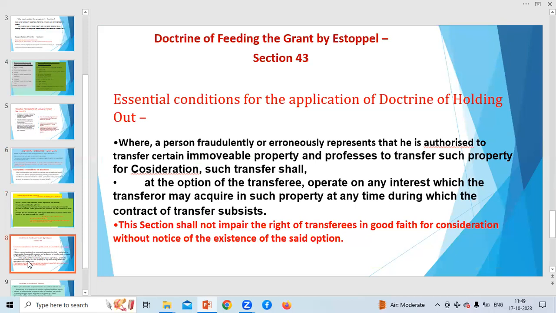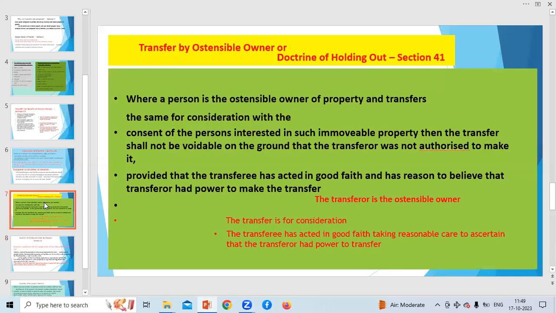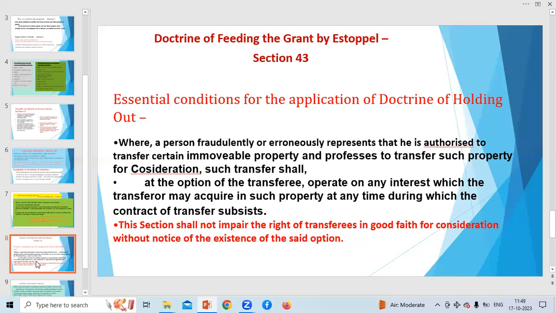We'll go to the next. Doctrine of feeding the grant by estoppel, Section 43. So what we just studied is 41 and this is 43. Essential condition for application: where a person fraudulently or erroneously represents that he is authorized to transfer certain immovable property and professes to transfer such property for consideration, such transfer shall, at the option of the transferee, operate on any interest which the transferor may acquire in such property at any time during which the contract of transfer subsists.